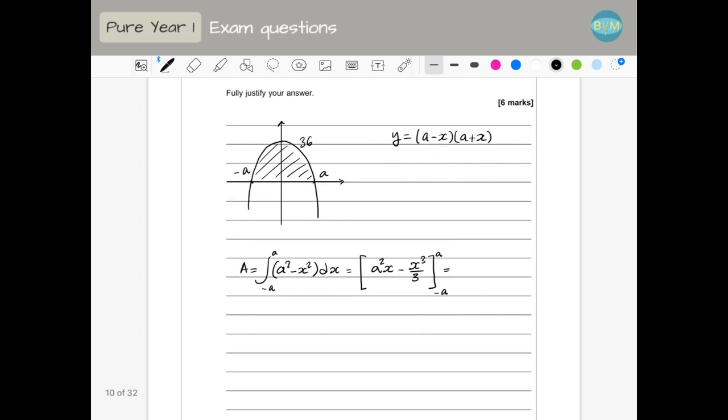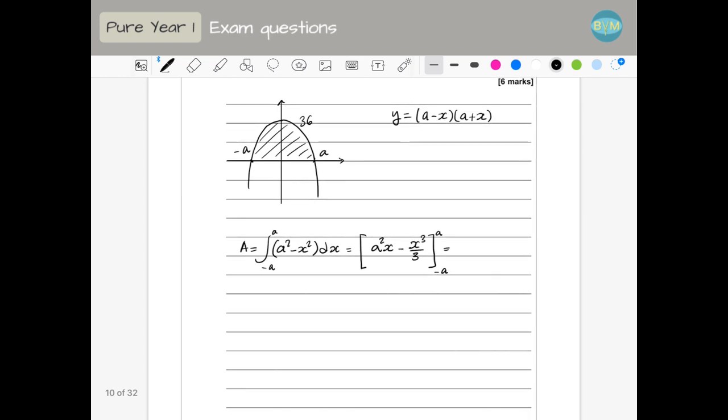This is going to be equal to, when I substitute the a, a squared times a, which is a cubed, minus a cubed divided by 3. And then minus, and I'm going to write a bracket so we don't make mistakes. When I substitute minus a, minus a times a squared is minus a cubed.